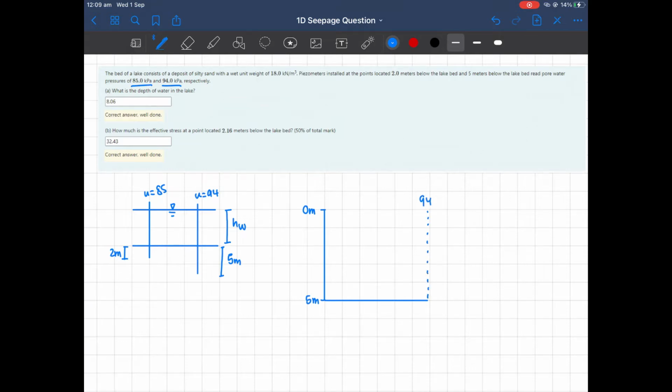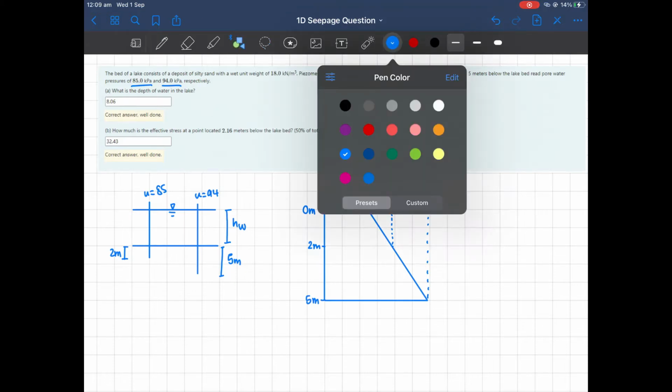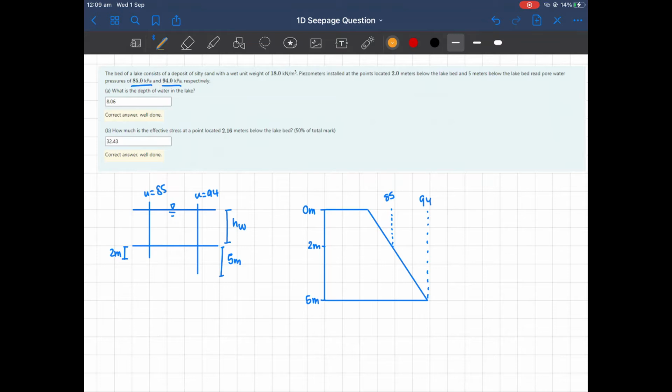And there's a certain amount of pore water pressure at 0 meters as well. Now, this will be a linear relationship since it's only one type of soil that we're looking at. We know that at 2 meters, we have 85 kilopascals of pore water pressure. Okay, so now we can already see that we have a similar triangle sort of situation going around here. But we're not going to get to that just yet.